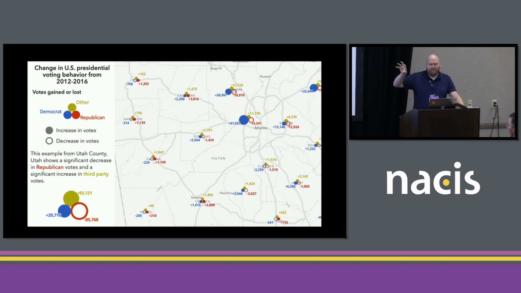So the hollow symbol indicates a drop of votes, and of course the solid symbol would be an increase, and it's proportional to the absolute value. So you see areas outside Atlanta that have a steady decrease in Republican votes, but then a massive increase in Democratic votes in the 2016 election.